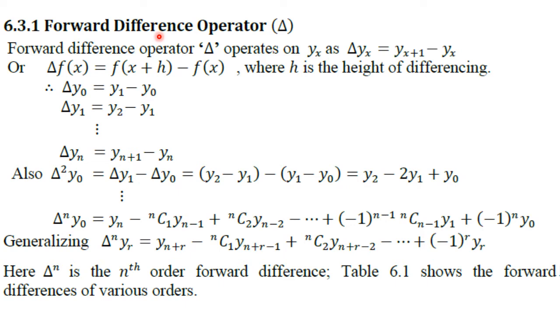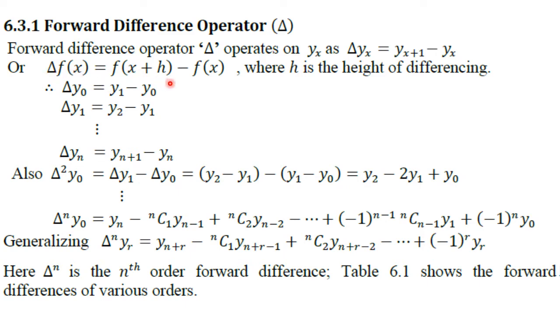So students, if you are applying the forward difference operator on any function y at the value x, then what will be its answer? Its answer would be y of x plus 1 minus y x. So first of all, I think this notation is quite simple to see.